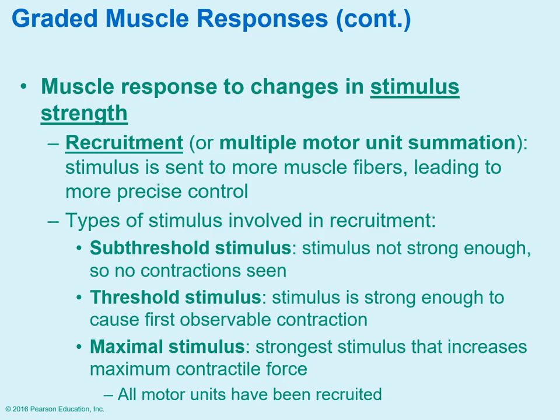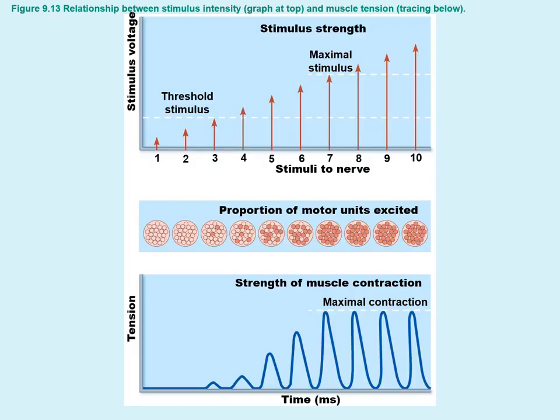And then the maximum stimulus is the strongest stimulus that you can receive. Down here, you just had a small little stimulus, but you did reach that threshold point. But you can see the increased amount. So you wouldn't see any. You have to reach threshold in order to see a contraction.